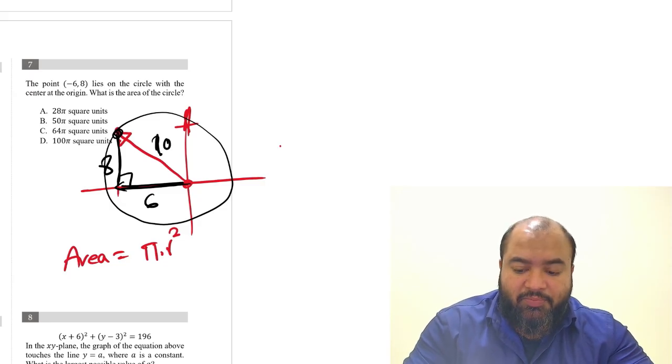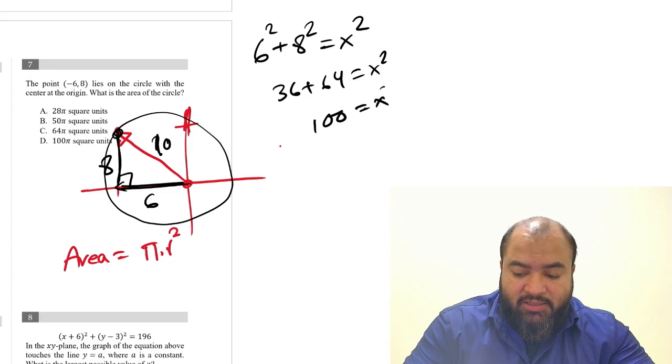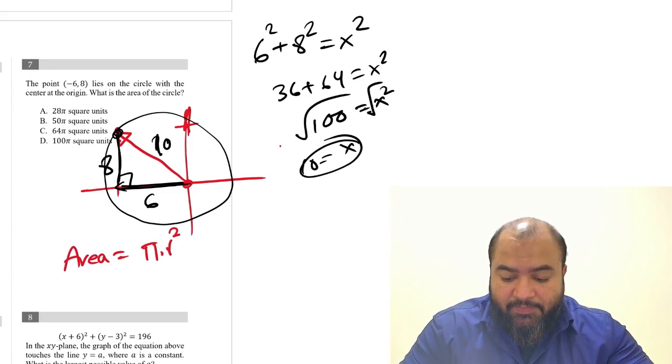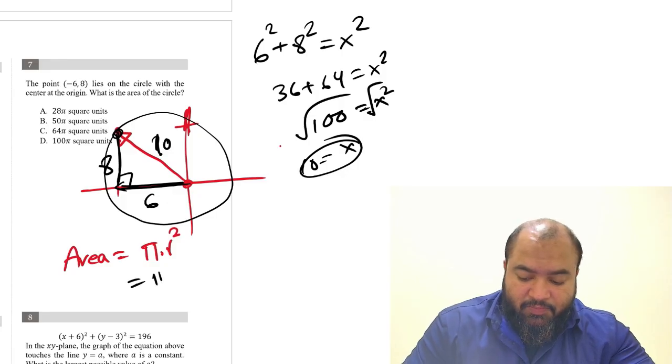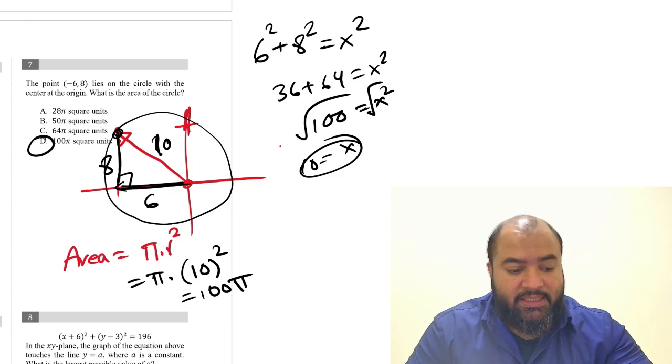If you don't know the triples, you can use the Pythagorean theorem. So 6 squared plus 8 squared equals x squared, which is 36 plus 64 equals x squared. So that's 100 equals x squared. If you square root, x will be 10. Okay, so I know the radius is 10. So pi times 10 squared. So it will be 100 pi, the area of this circle, D.